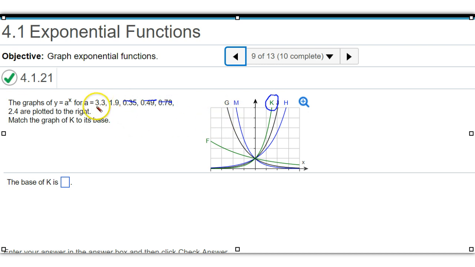So k is going to be either 3.3, 1.9, or 2.4. So again, following the rule we've just mentioned, this would be the lowest number, this would be somewhat higher, and this would be higher still.